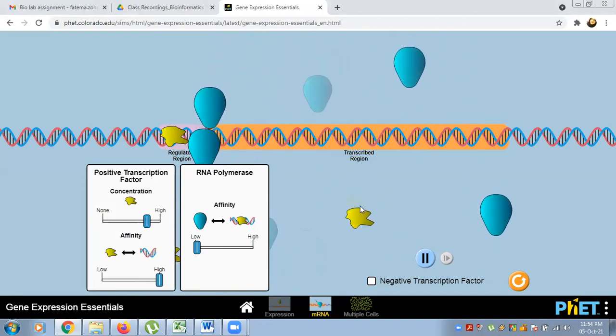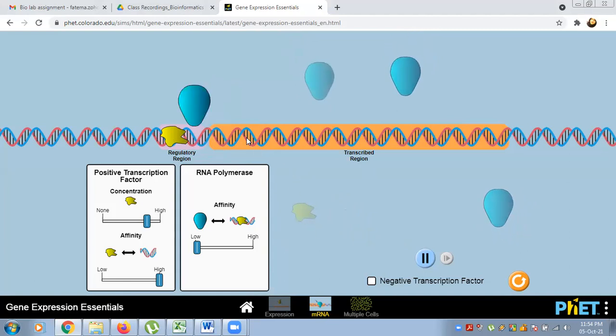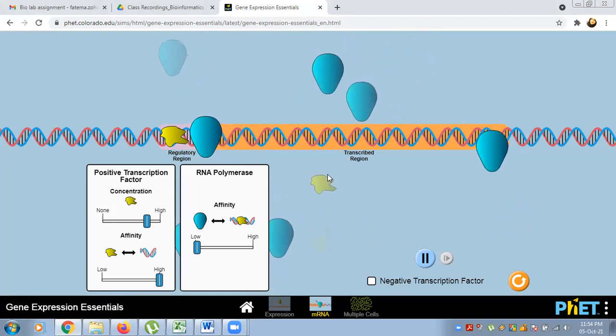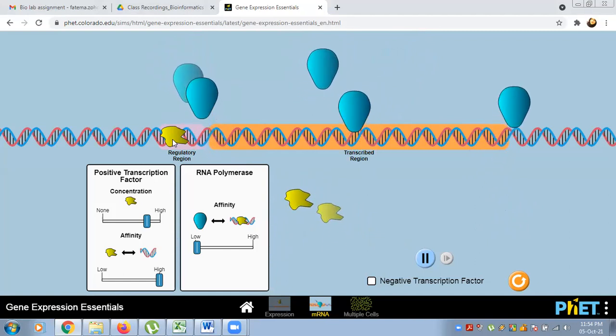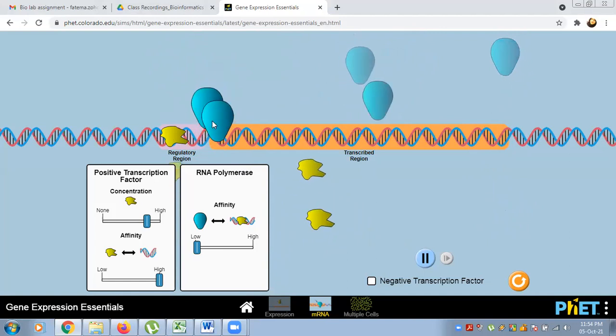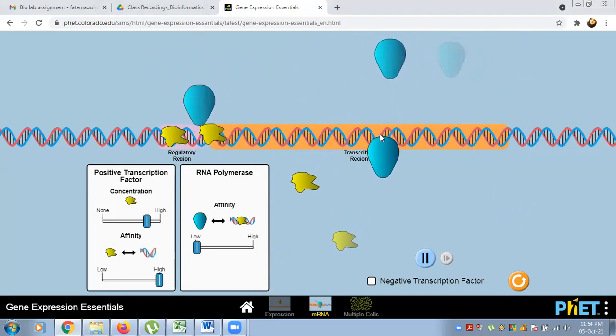So these yellow things, these are positive transcription factor. And you can see these are RNA polymerase, these blue balloon-like things.